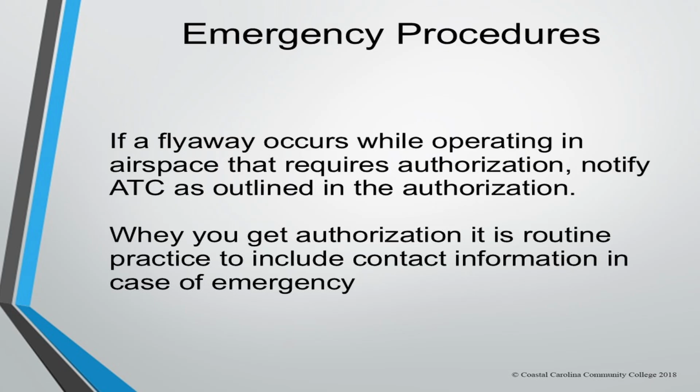When you get an authorization, it is routine practice to include contact information in case of emergency. So you need to call ATC. "I'm operating a drone. Its last known position was here. It's heading this way, and it is a flyaway, so I have absolutely no control of where it's going." I guarantee you'll not be very popular.